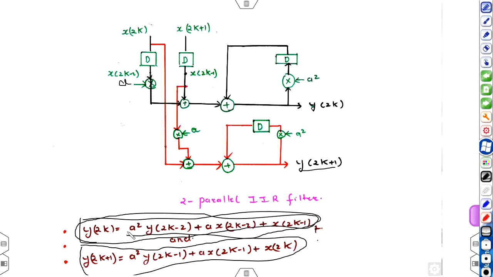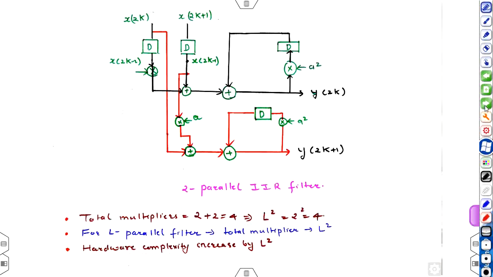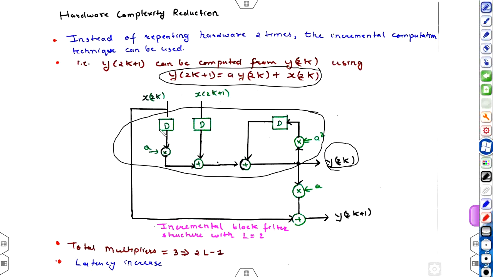Y of 2k is equal to a square y of 2k minus 2 plus a into x of 2k minus 2 plus x of 2k minus 1. Same structure. Now y of 2k plus 1 is a into y of 2k, so this y of 2k multiplied by a plus x of 2k. So this is x of 2k.